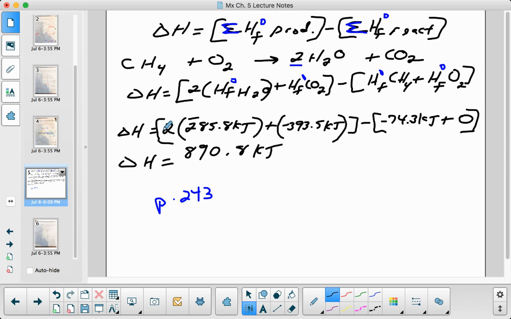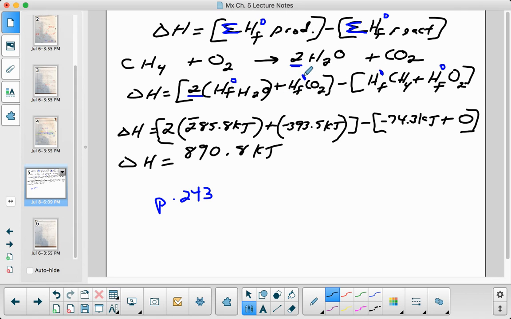It's 2 for every 2 moles. Well, sorry, for 1 mole, it's negative 285.8 kilojoules per 1. But I have 2 moles of water in this balanced equation, so that 2 comes from the 2 coefficient here. It's the only place you'll see a coefficient in this example.